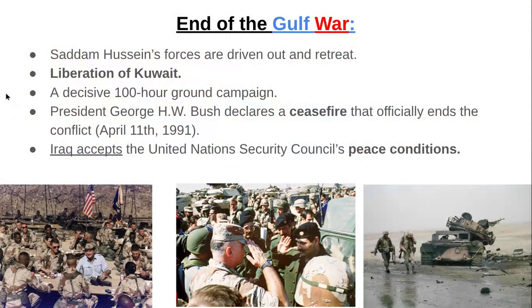And so, at the end of the Gulf War, Saddam Hussein's Iraqi forces are driven out in retreat. There's the liberation of Kuwait. And the ground combat phase, again, was a decisive 100-hour ground campaign. President George H.W. Bush declared a ceasefire that officially ended the conflict. And Iraq eventually accepts the United Nations Security Council's peace conditions.